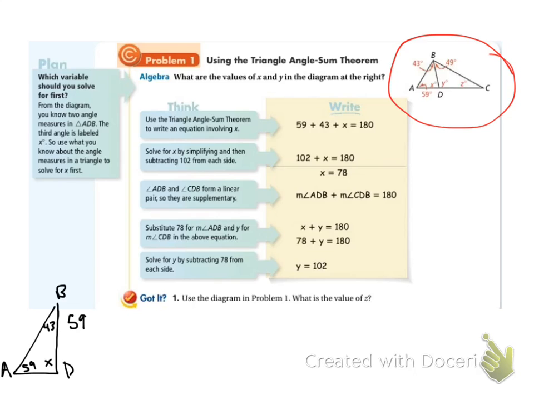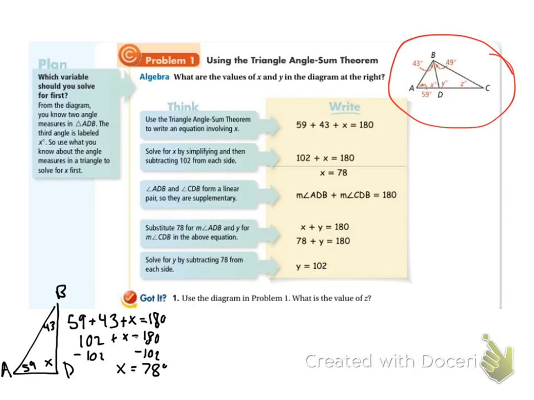So 59 plus 43 plus X needs to equal 180. 59 plus 43 is 102. And when I subtract 102 from both sides, I get X is equal to 78.